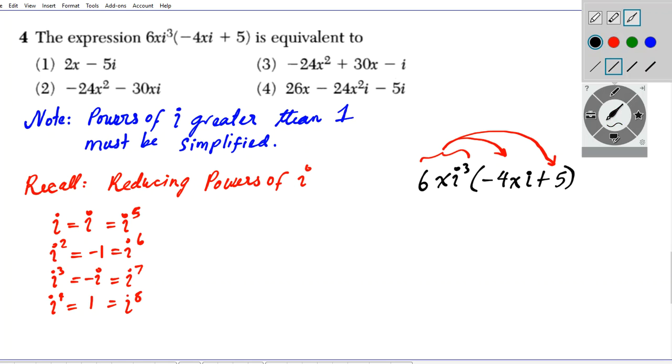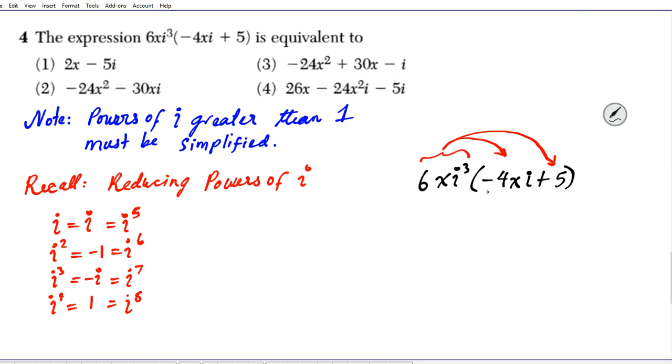Alright, if we do that, we're going to have the number times the number. 6 times negative 4 is negative 24. x times x is x squared. And then i to the third times i to the first power, there's a 1 there. You add the exponents when multiplying numbers with identical bases, right? So this is going to be i to the fourth.